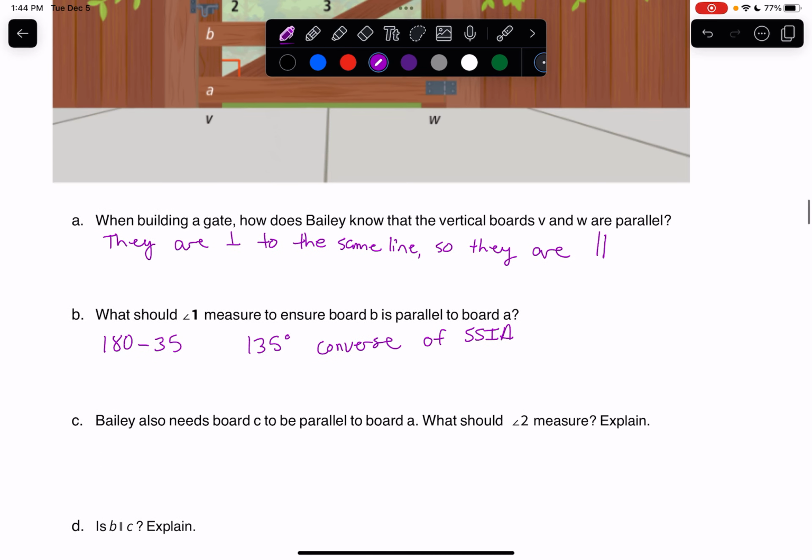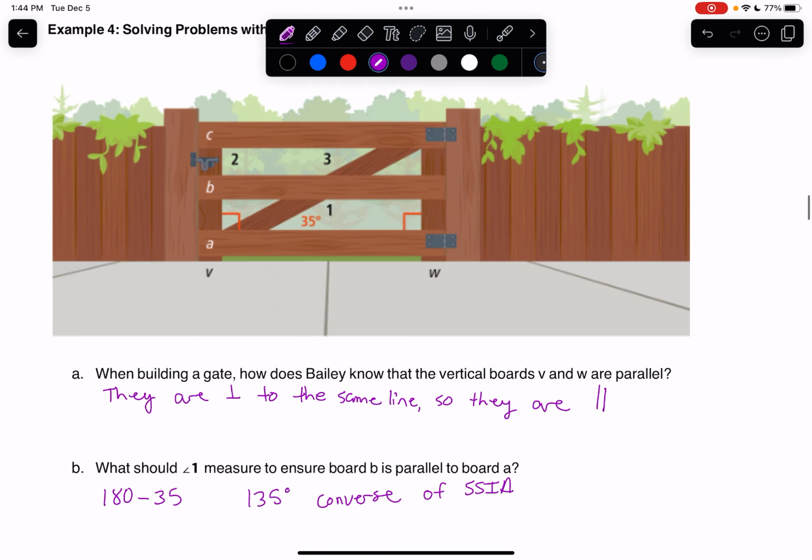Letter C, Bailey also needs board C to be parallel to board A. What should angle 2 measure?